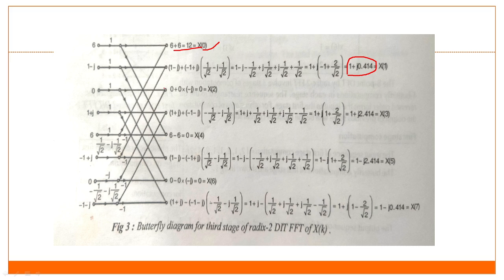For the third point, 0 into anything you get 0. For the fourth point, we get 1 plus j as it is, and the fourth twiddle point is minus 1 minus j times the twiddle factor, minus 1 by root 2 minus j 1 by root 2. Multiplying this, we get 1 plus j 2.414. Like this, you have to calculate the remaining points.